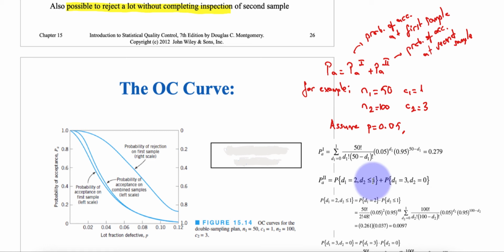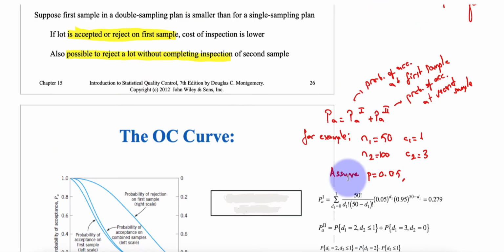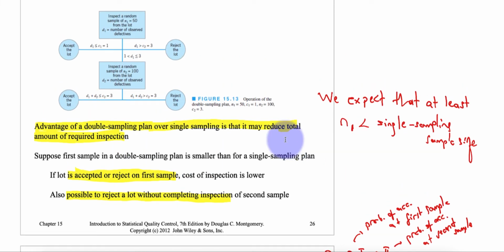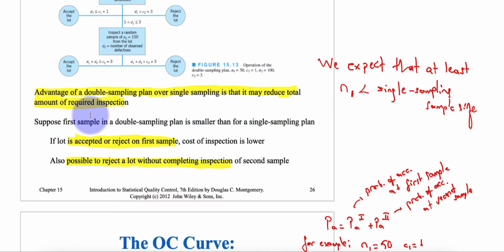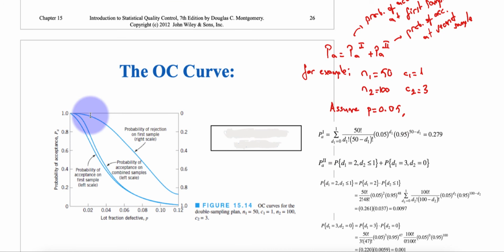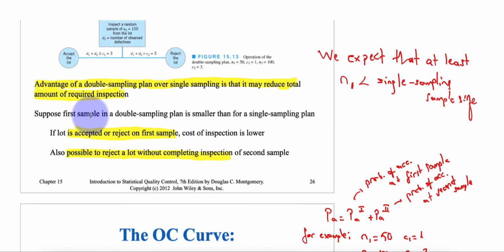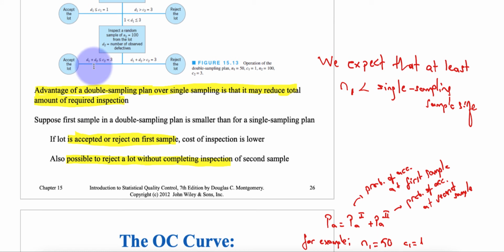Here we are taking the second sample and accepting the lot. D1 is equal to 2, so D2 must be 1 or 0, right?